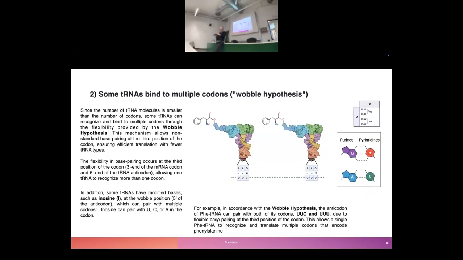And the hydrogen bonds can form sufficiently for this to be stable enough to allow the peptidyl reaction.